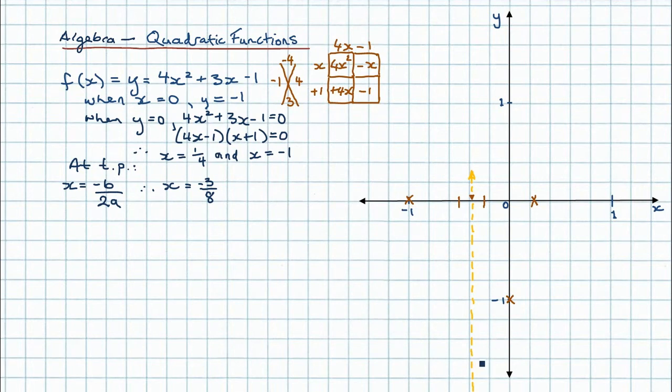Okay, so what is going to be my y value? We know what the x value is now. What's going to be the y? Well, to get that, all I need to do is substitute my x value into the original equation.